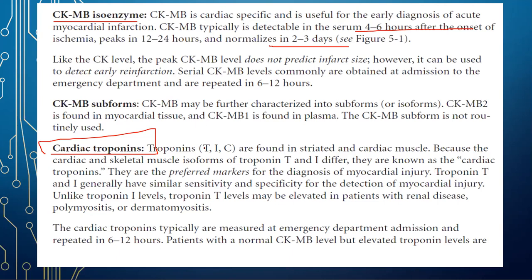And if they give you troponin T, I, or C, what is the best one? We usually do the troponin I, because troponin T or troponin C can get elevated in other conditions, like if you have renal disease, polymyositis, or dermatomyositis, which can increase troponin T level. So if something confusing like this, they give troponin T, troponin I, always choose troponin I.